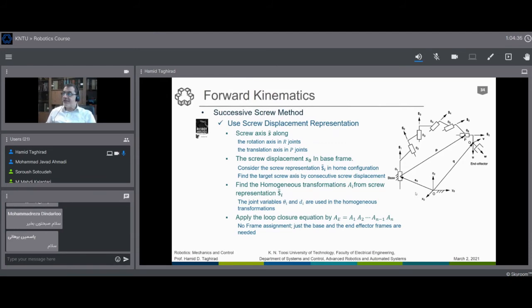But here it is much simpler since we need only 2 frames. One frame is the base frame, and we usually put it on the base. The other frame is on the end effector, if you are looking at the final point of the robot.